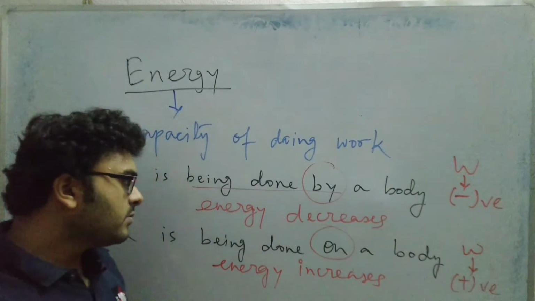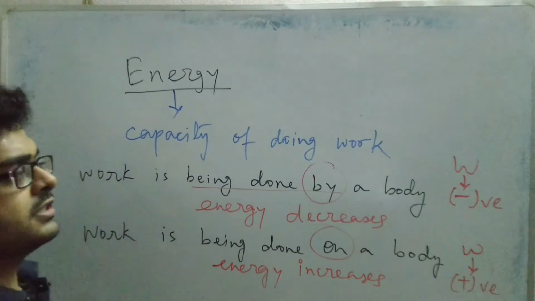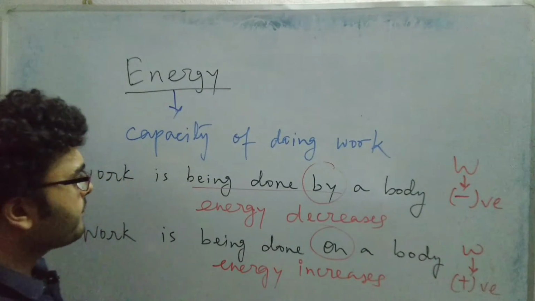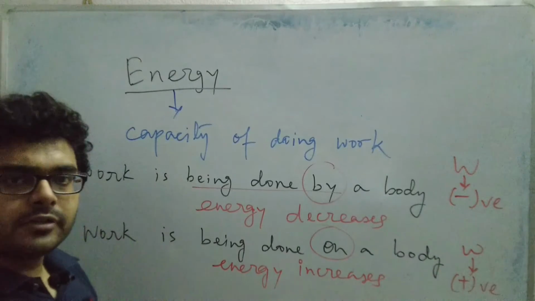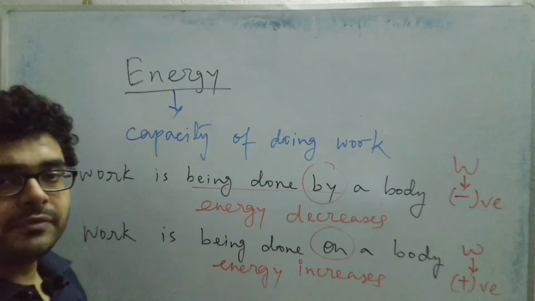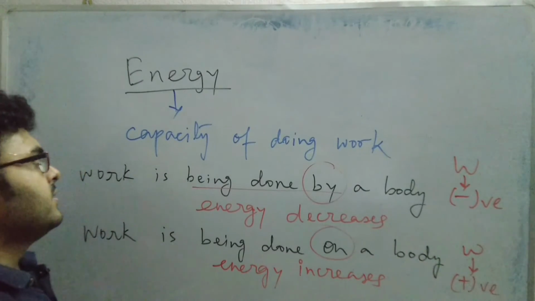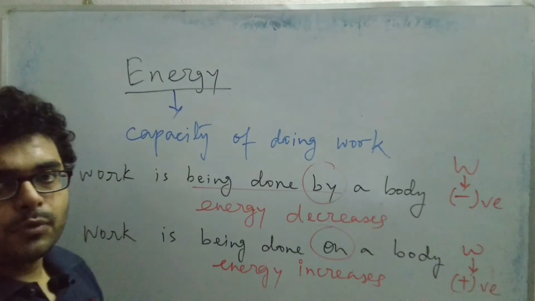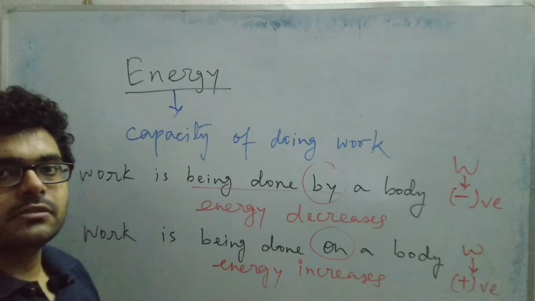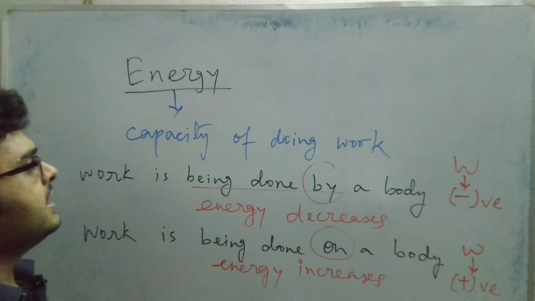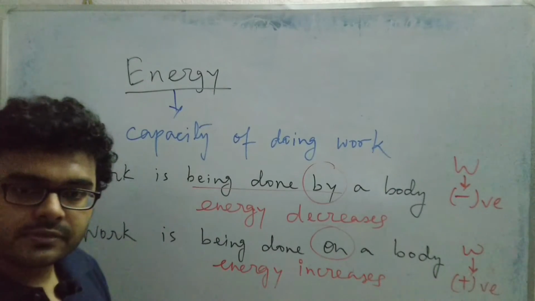Now moving on to the unit of energy. Can you say what is the unit of energy? As from the very beginning we are saying that energy and work are both simultaneously the same things. Obviously the energy and work will have the same units.